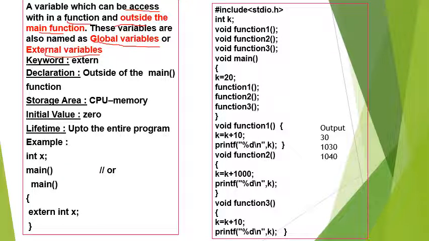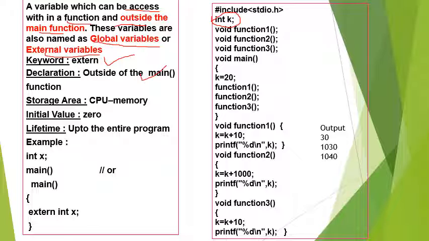The keyword used for a global variable is extern, and the declaration will be outside of the main function. So before the main function, in the global declaration portion, we can declare an external variable or global variable.